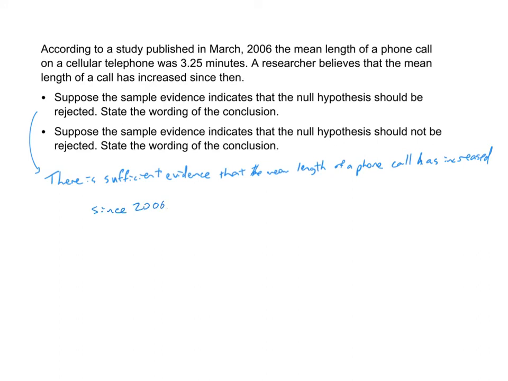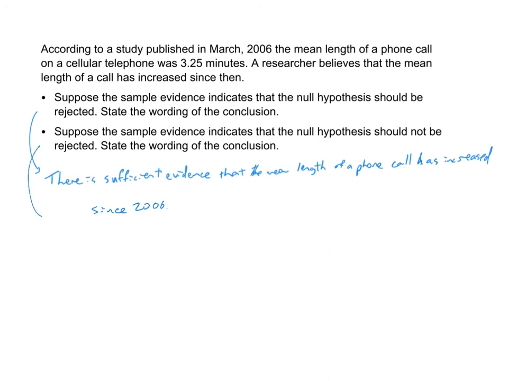There you go. That's it. That's the wording. When we get into the later sections, it'll be a little bit more specific, with a few other words here and there. But that's how you word the conclusion when you reject the null hypothesis. There is sufficient evidence to indicate that the length has increased.